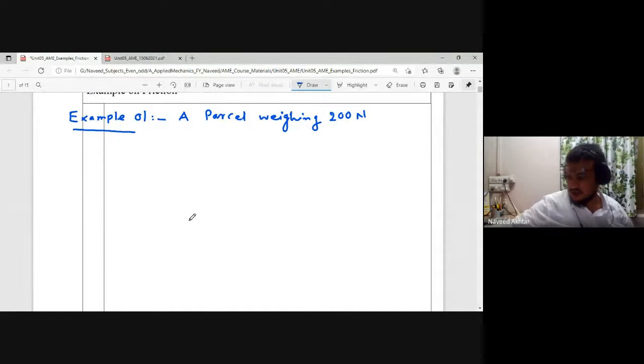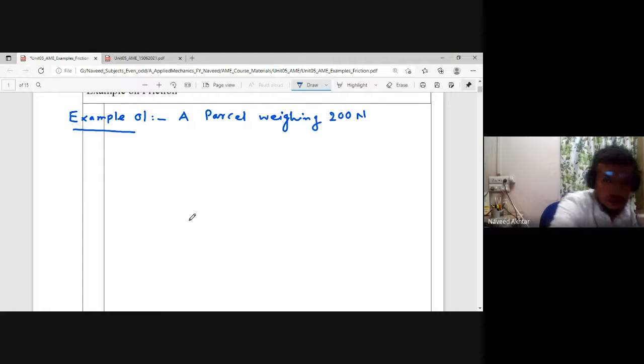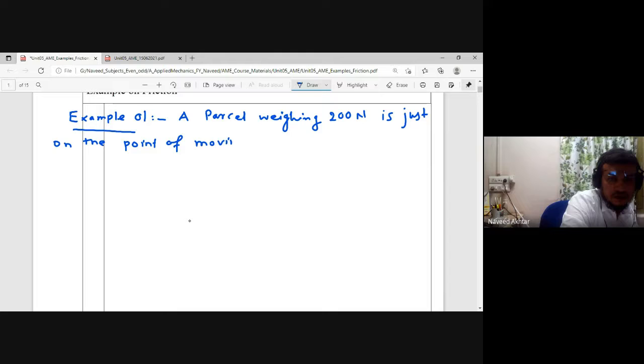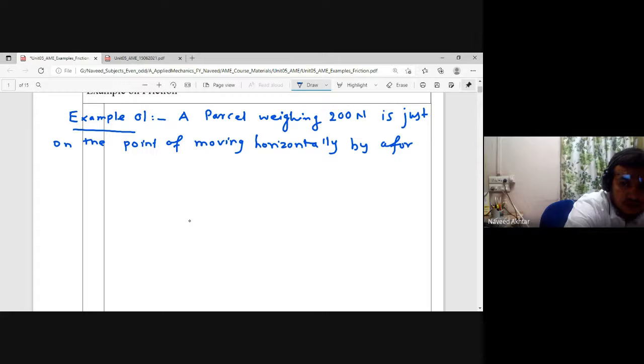Parcel weighing 200 Newton is just on the point of moving horizontally by a force of 50 Newton.